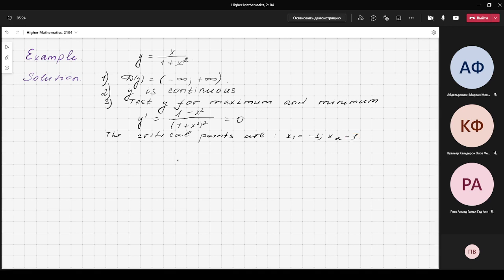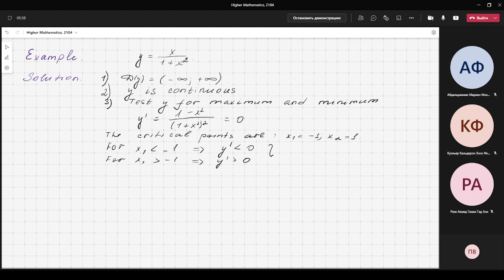Investigate the character of the critical points. For x less than minus 1, we have y prime less than 0. For x greater than minus 1, we have y prime greater than 0.